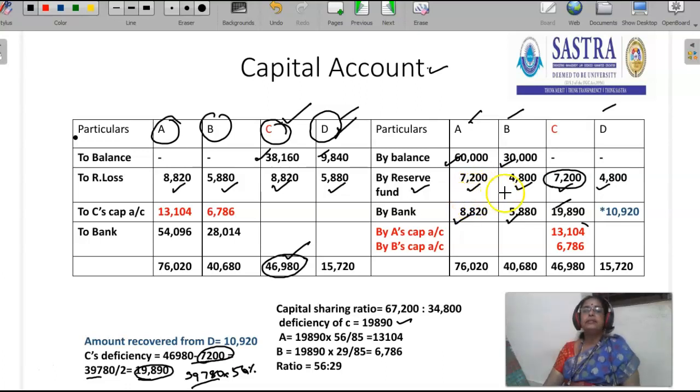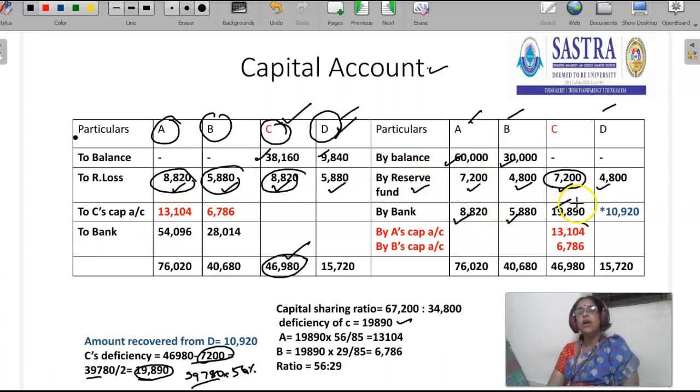We should not consider this realization loss while calculating the capital ratio of the existing partners, for the purpose of adjusting the deficiency of the insolvent partner. The entry would be solvent partners' capital accounts debit to insolvent partner. That is the Garner versus Murray second rule.